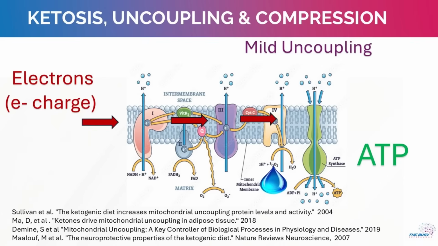So ketosis, like cold, is a stronger compressor, but ketosis will as well. So this is another reason why being in ketosis is more beneficial, because of this uncoupling effect, meaning that the electron flow is more efficient. The first paper I found on this was in 2000. And since then, there have been a variety of publications on uncoupling in the mitochondria and ketogenic diets.